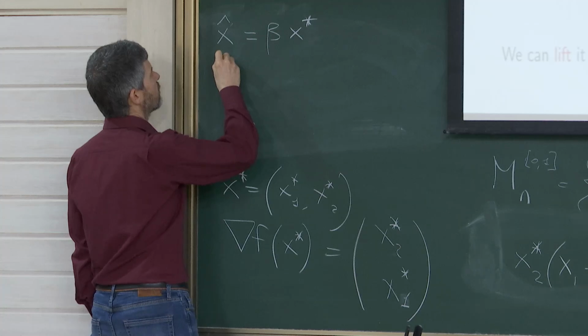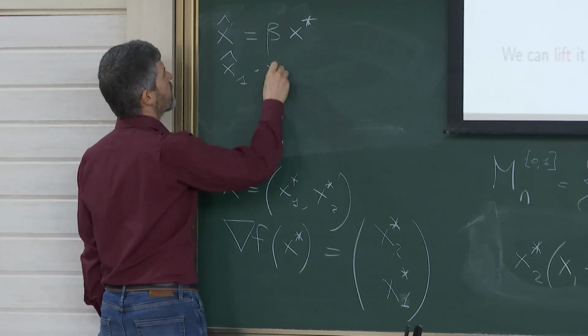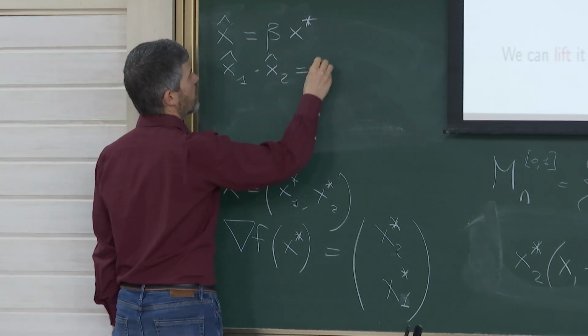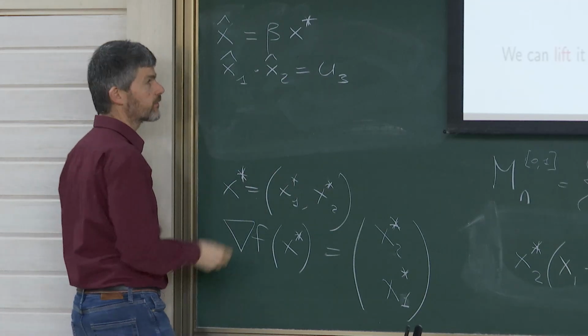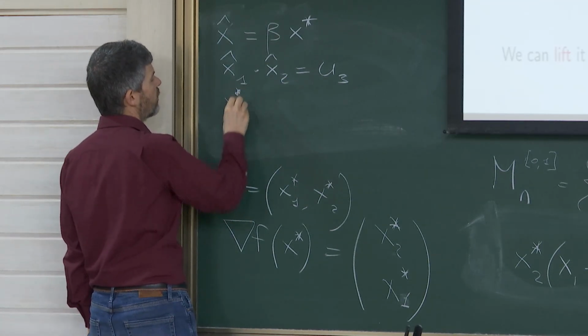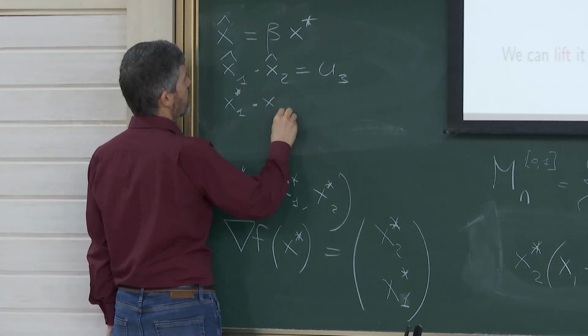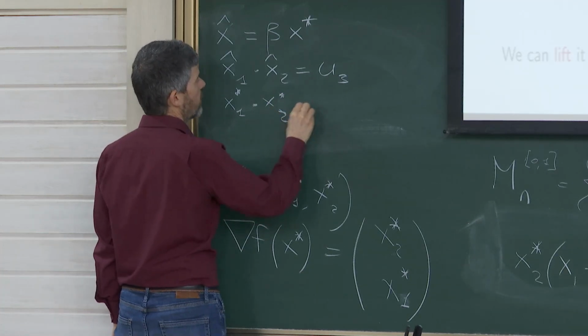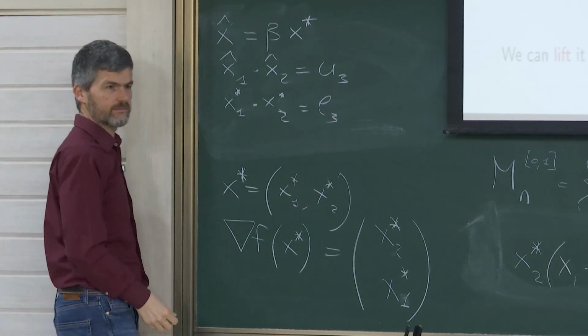So x hat 1 times x hat 2 must be equal to U3, right? x star 1 times x star 2 is equal to L3.